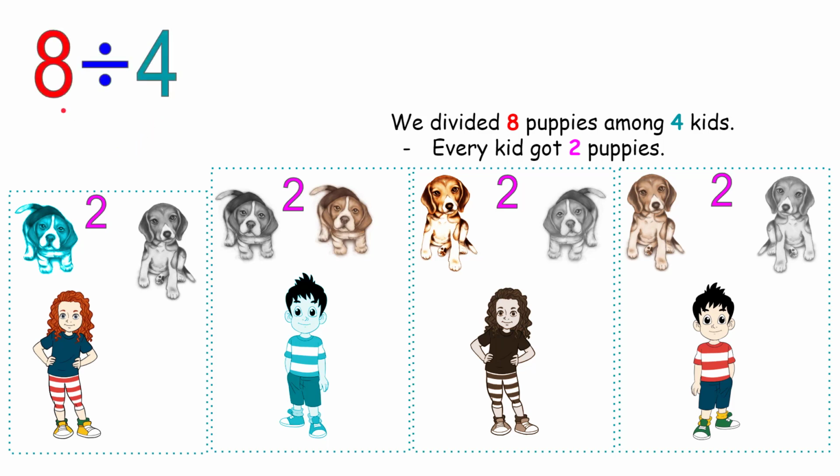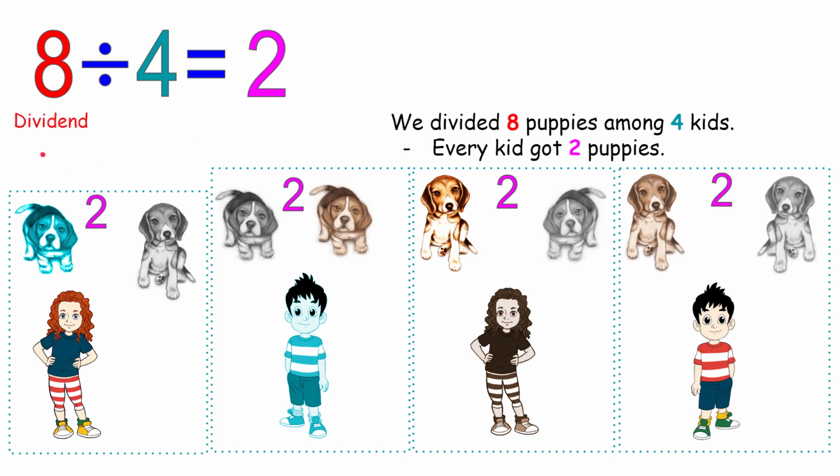So we performed 8 divided by 4 because we had 8 puppies and we need to divide them among 4 kids. So 8 divided by 4 equals 2 because each kid got 2 puppies.